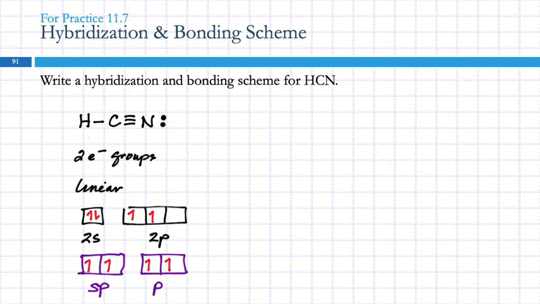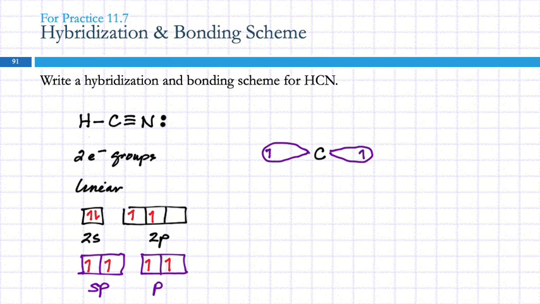And this is how carbon always makes 4 bonds. It'll never have lone pairs. So our hybridization then is sp. So when we start to draw this, here we have carbon, and the sp hybrid orbitals, there'll be 1 on each side, and they're each going to have 1 electron in them.